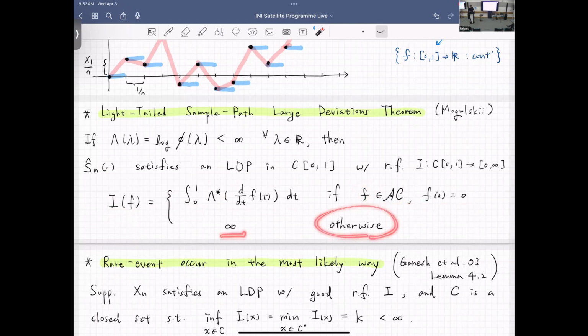Otherwise, it's infinity. Remember that in yesterday's lecture, the heavy-tailed limits had discontinuities, so you cannot characterize the likelihood this way. Indeed, Mogulskii's theorem has this condition: you need to have a finite moment generating function everywhere.